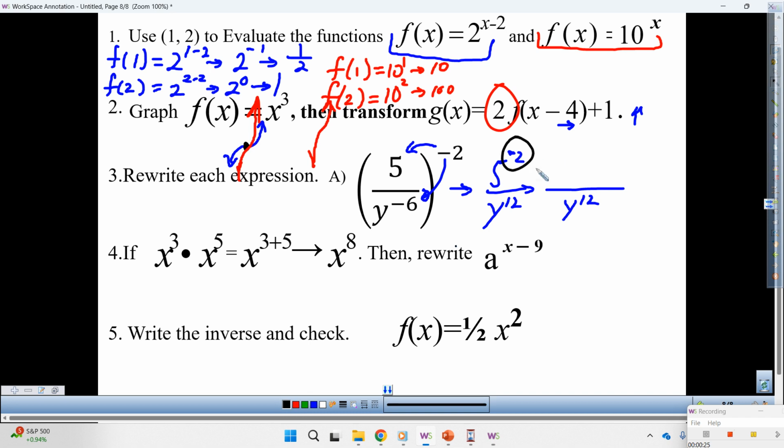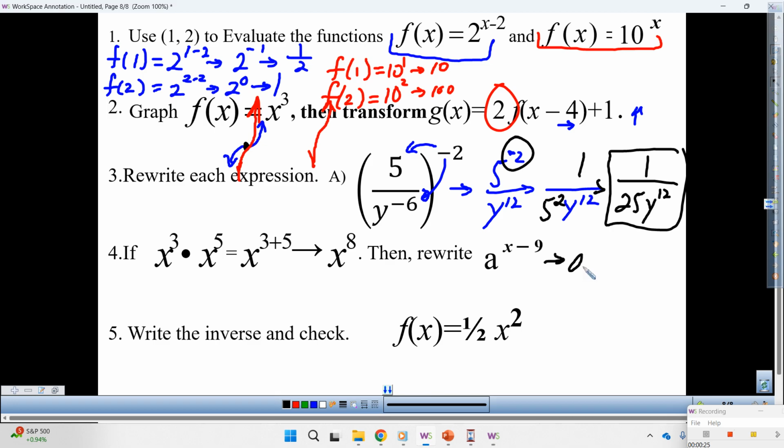The 5 to the negative 2, is that correct? So I bring that to the denominator, and it turns into a positive value. Since there's nothing left on the numerator, I'm just going to put a 1. Therefore, let's simplify. 1 over, what is 5 squared? That's 25. Y to the 12.